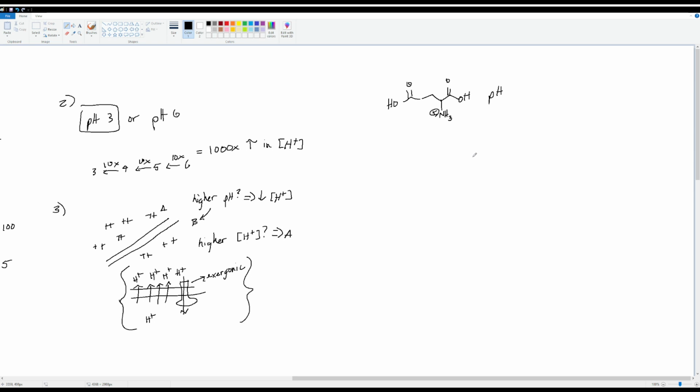Okay, so for glutamic acid, it's kind of in the middle. We can see the pKa of the carboxyl group is 2.19. But now we have two carboxyl groups, right? So which one is it referring to? Well, we can look at the chart and we say pK1 is a carboxyl group, pK2 is the amino group, and pK3 or pKr is for the R group.